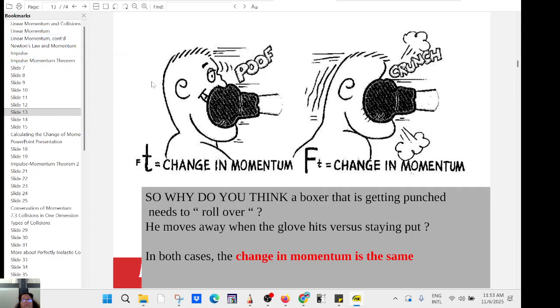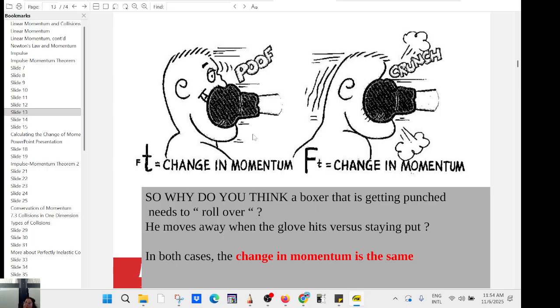If he doesn't want to get too much impact, what's the trick? Do you stay stiff or do you roll over? Roll over. You want to roll over. Very good, right? So a typical conceptual question. By increasing the time of impact, you're going to decrease the force. So you roll over. It's easy to remember.